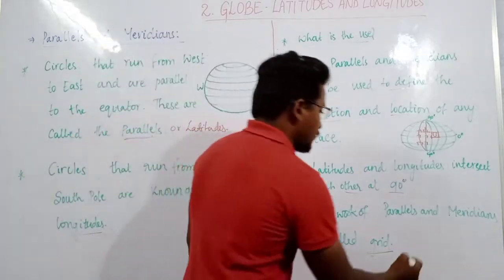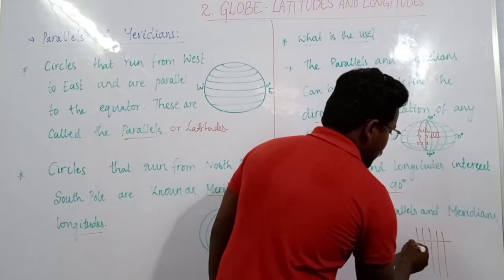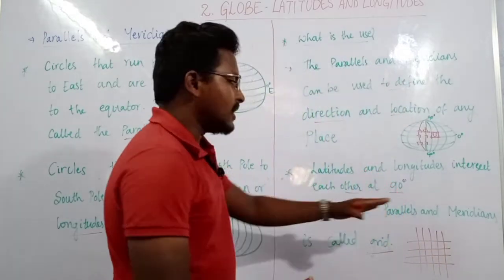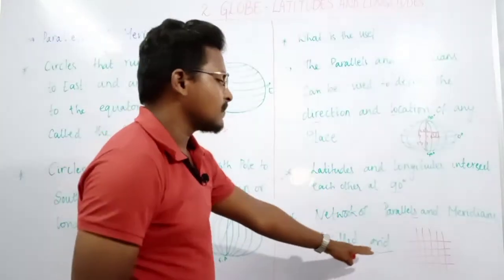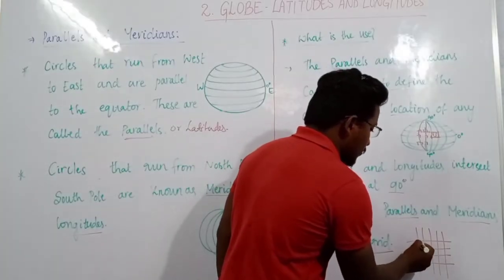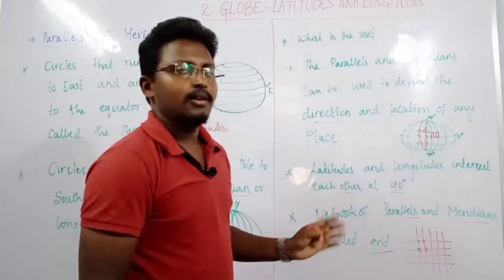Grid means you can simply say it looks like this. If these are longitudes and these are latitudes, this we call the grid. The network of meridians and parallels is known as the grid. If you want to locate any place, you can locate it by using these latitudes and longitudes.